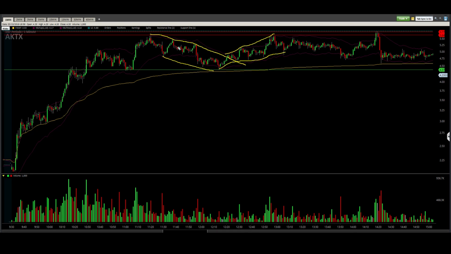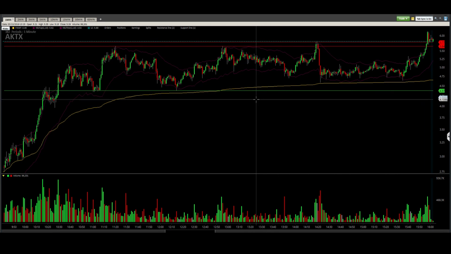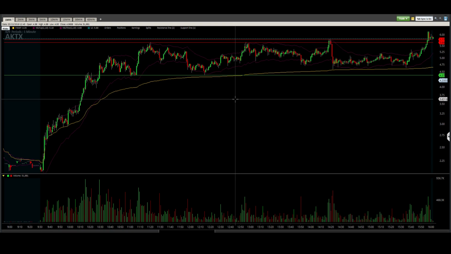So you could see it was channeling down, a very quick sideways action right here, and then starts channeling up. It's all about how you look at these charts and put it together. And the only way to get good at that is by practicing and practicing and practicing.